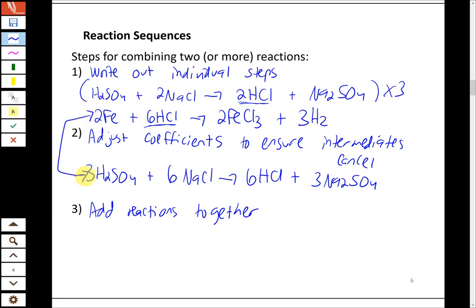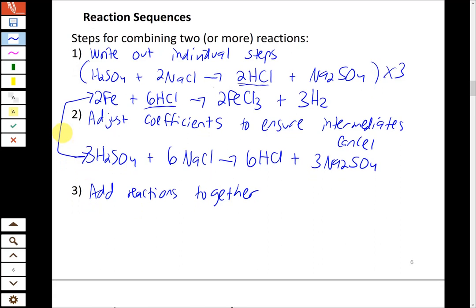And when we do that, we're going to have, again, all the reactants on the left side adding together, all the products on the right side adding together, and then our HCl should cancel out. So we're going to have 2Fe plus 6HCl from this unmodified first equation. And then we're going to have 3H2SO4 and 6NaCl from the second one. And then on the right side of the arrow, we're going to have a bunch of things.